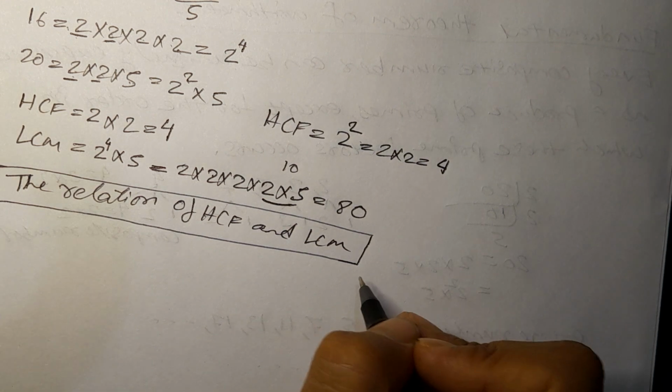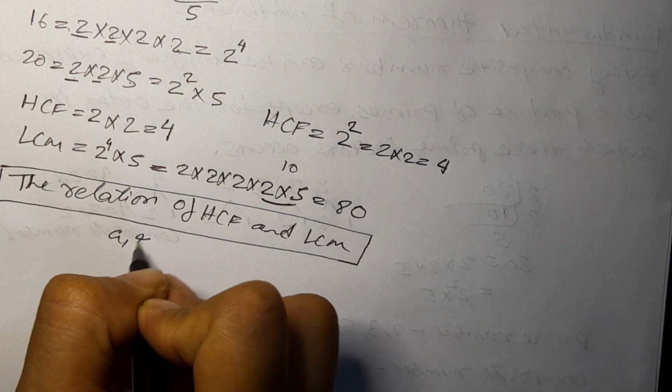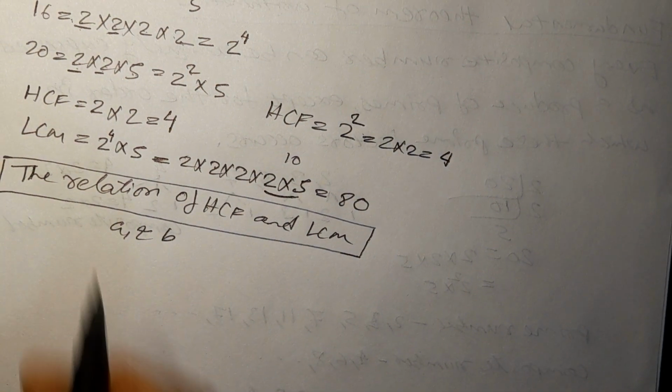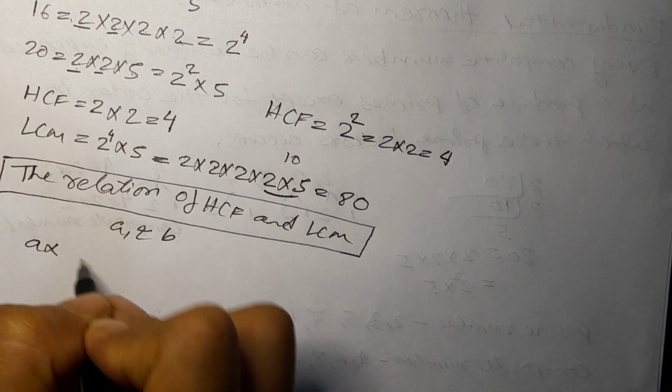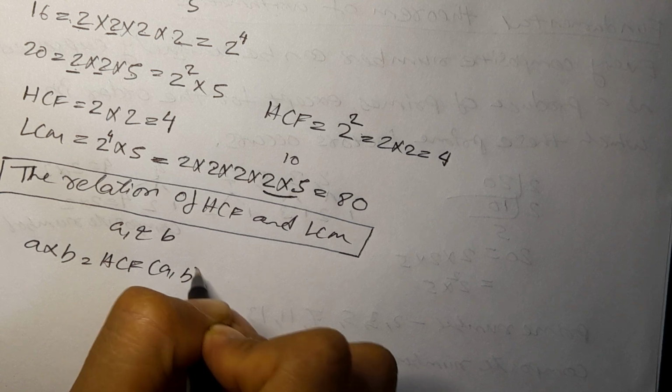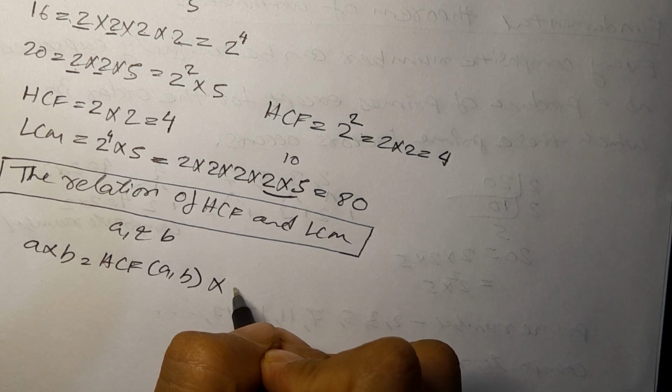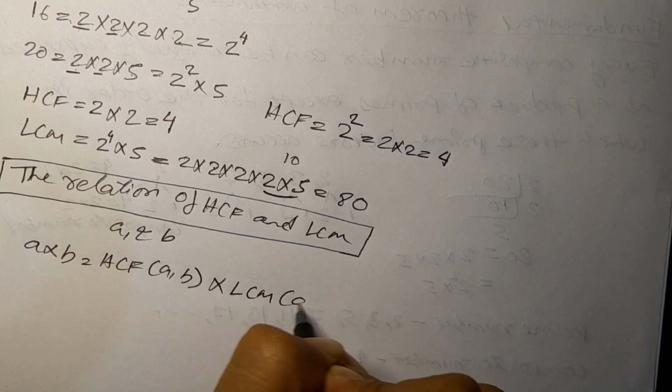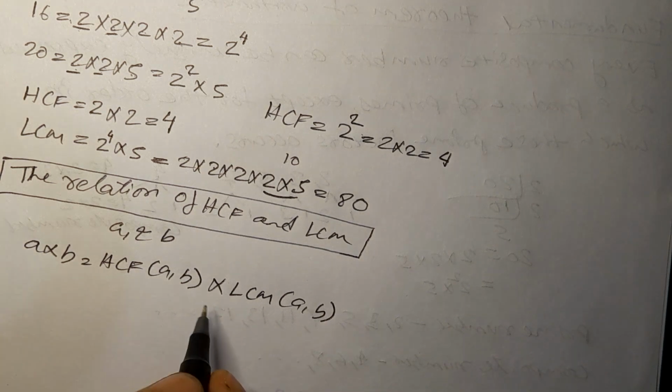So let those 2 numbers be A and B. So A into B is equal to HCF of A comma B into LCM of A comma B. This is one relation.